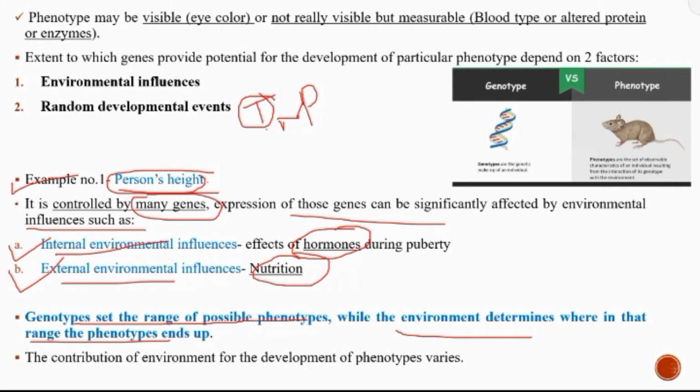How much hormone is being produced in that person during puberty, and whether that person is getting nutrition, will determine if the person will be tall, short, or of moderate height. Genotype is only setting the range of phenotype, while the environment will determine which phenotype will be exhibited by the individual or plant. Okay?